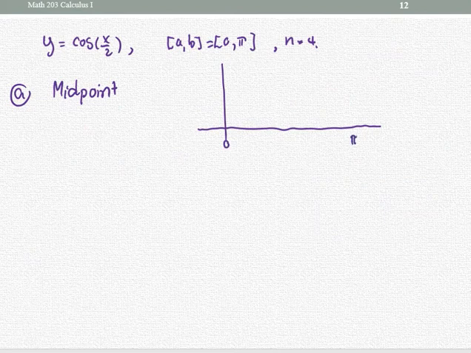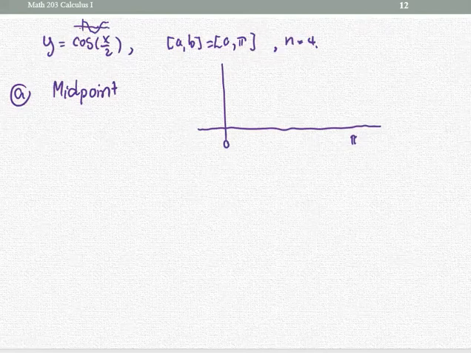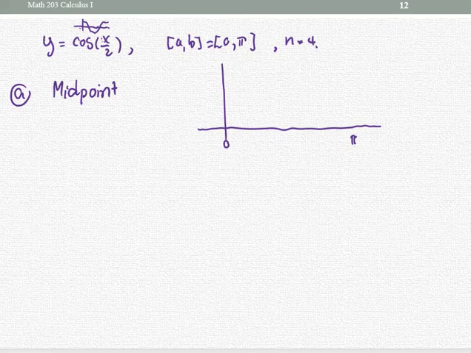This graph is the typical cosine graph, starting from the max, going under, and going back up to finish one complete cycle, where usually the period is 2 pi. But if you recall the property of the cosine graph, the period for this graph is 2 pi divided by b, which is divided by 1/2, so it becomes 4 pi.